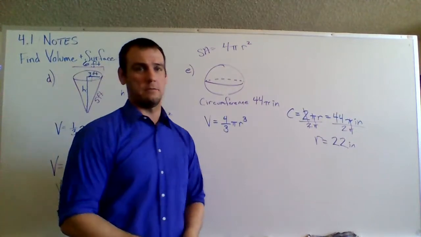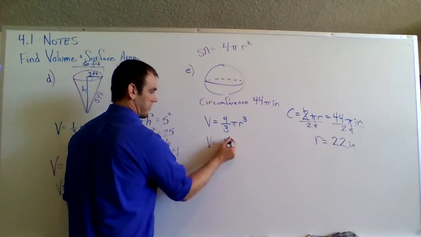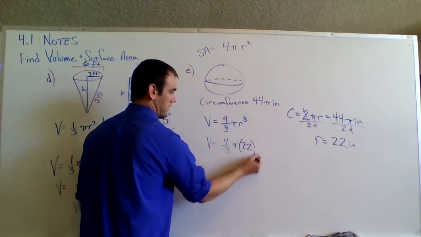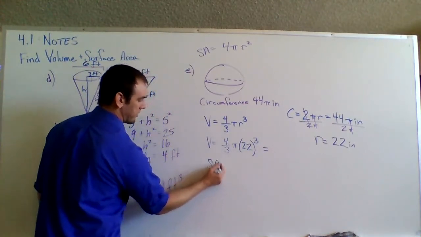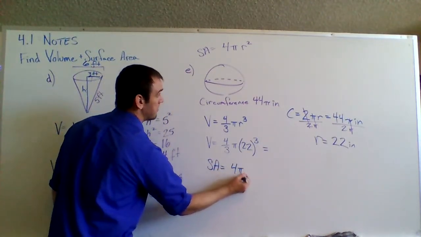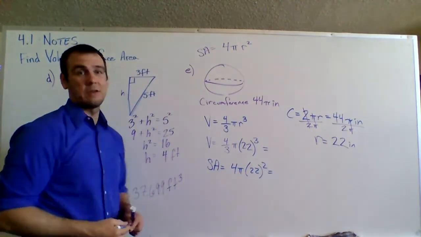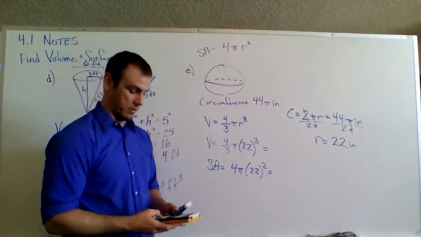It's that easy. For volume, we get 4/3 pi times 22 cubed, and for surface area, we get 4 pi times 22 squared. Give me a second while I type this into my calculator.